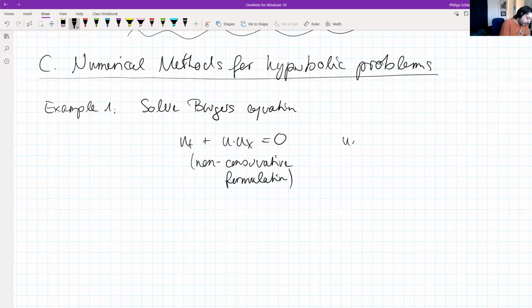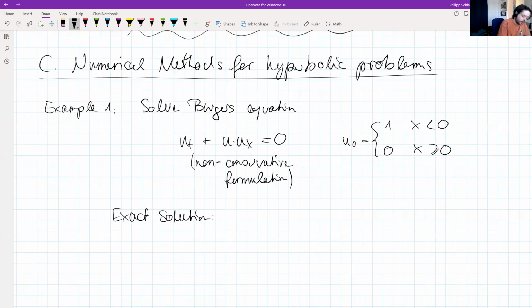Of course, in order to be able to solve that, I need to give some conditions at initial time, and I would say that we have just two different solutions, 1 and 0. 1 would be for x lower than 0, and 0 for x larger or equal to 0. And from what we have just discussed, we know what the exact solution is.